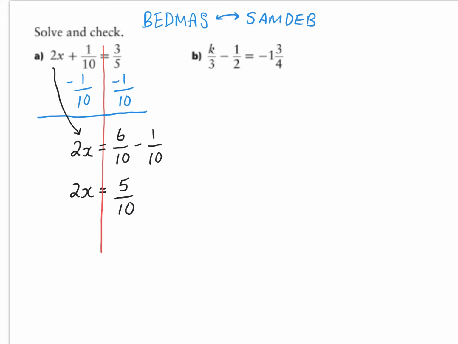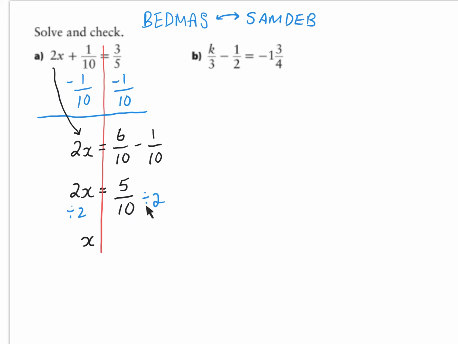And then the last thing we need to do is divide both sides by 2. So divide both sides by 2. There's 1. There's the other. And my final answer will be x equals whatever the answer is when I go 5/10 divided by 2. So use your calculator.